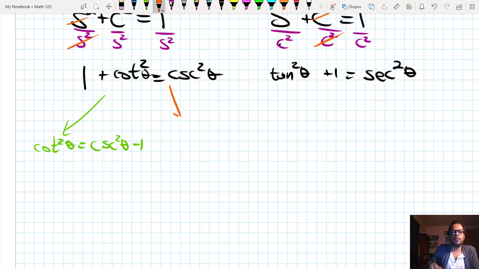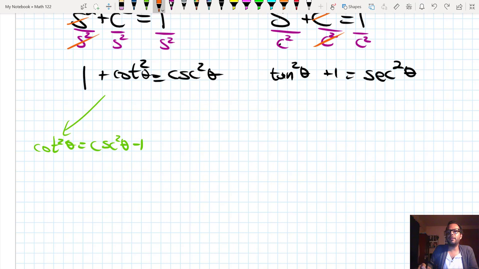And I think that's about it. I don't think we need anything else here. No need to use the second one.